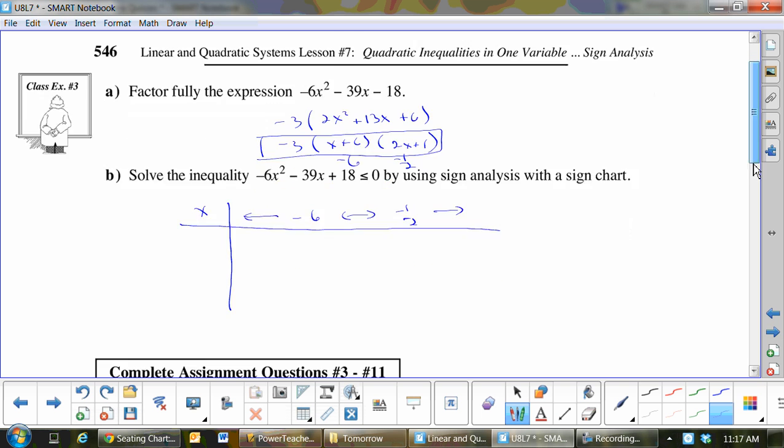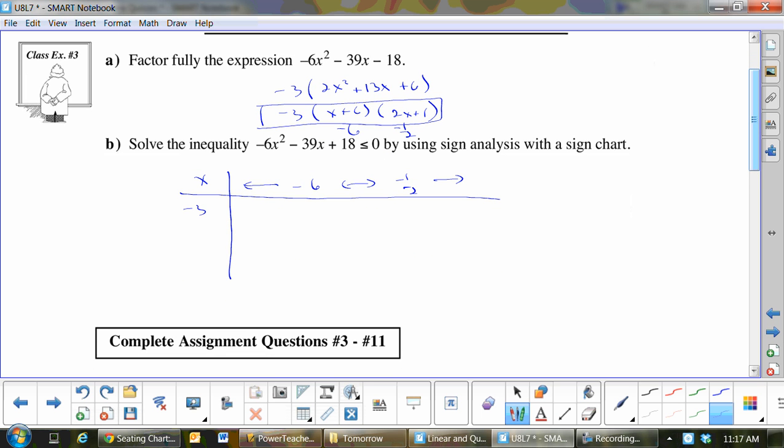So you'll have 3 sections, negative 3, x plus 6, and 2x plus 1. Now with the negative 3, you can't really put something in. So this one will be negative all the way along. And you'll see why that is a factor, because obviously your product's different if you're doing negative times positive.